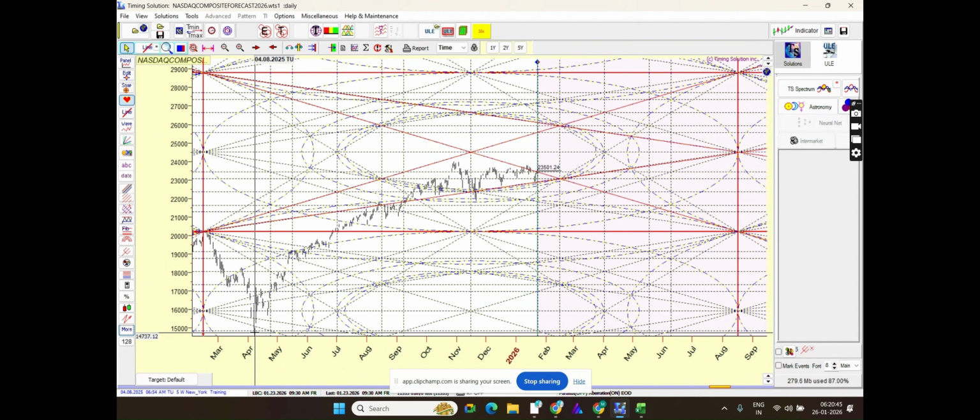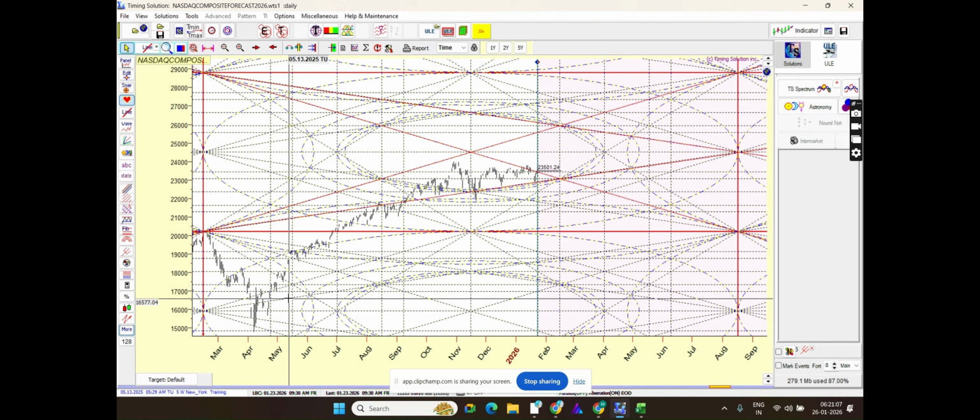The price level to watch here is 24,488.66 roughly. So you can take 24,500 as an important level for this index.